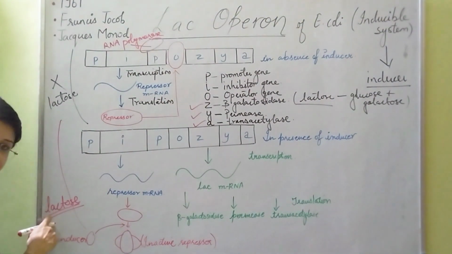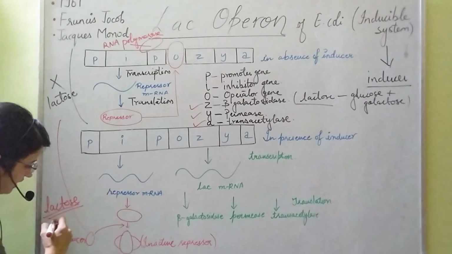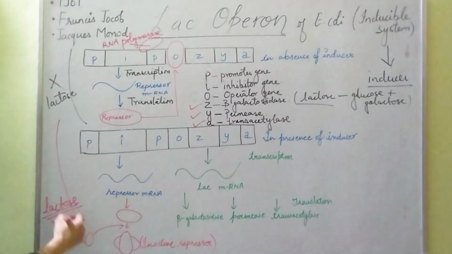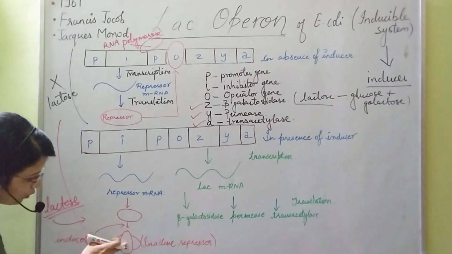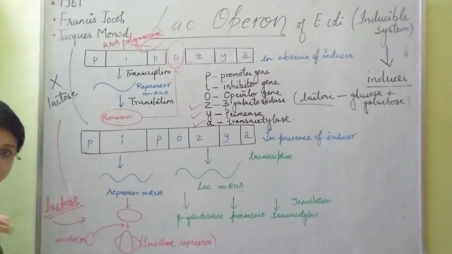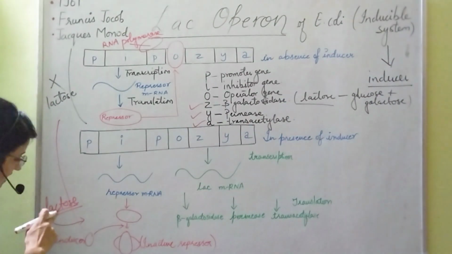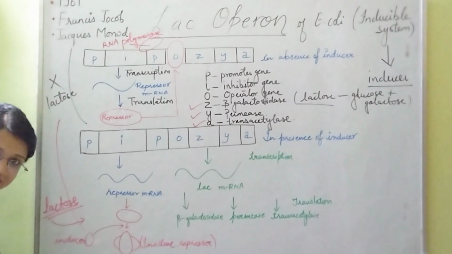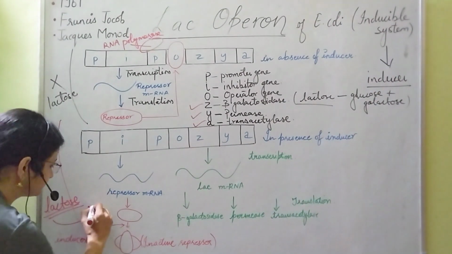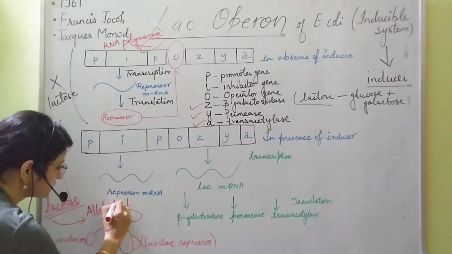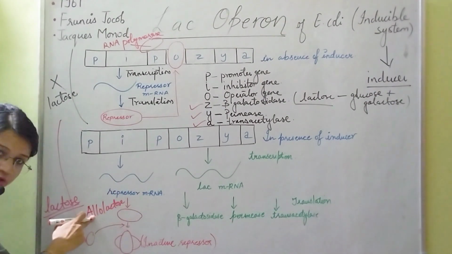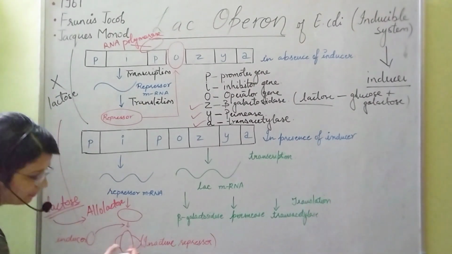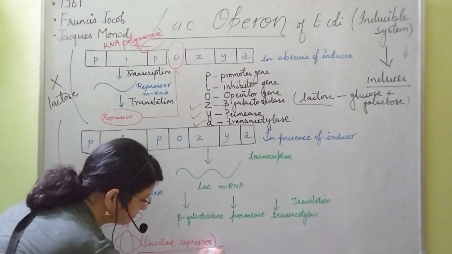This lactose will enter the cell and it is converted into allolactose. This allolactose will bind with the repressor protein and will form a complex called inactive repressor.